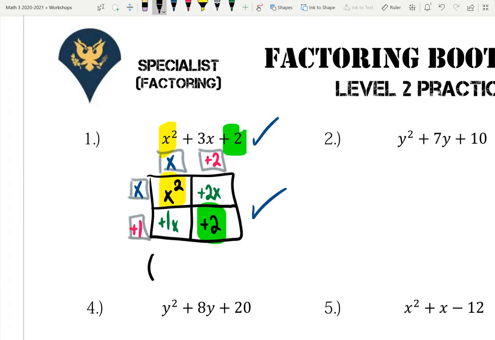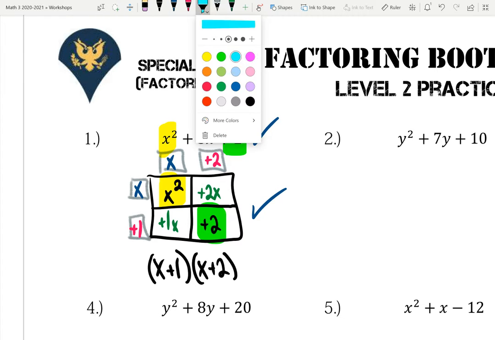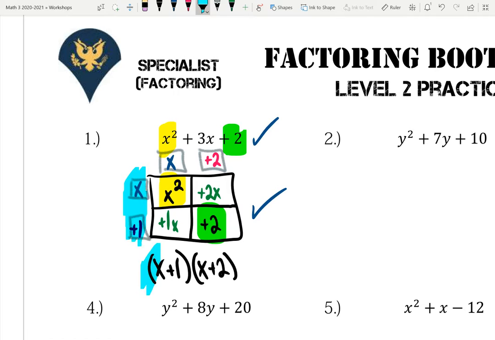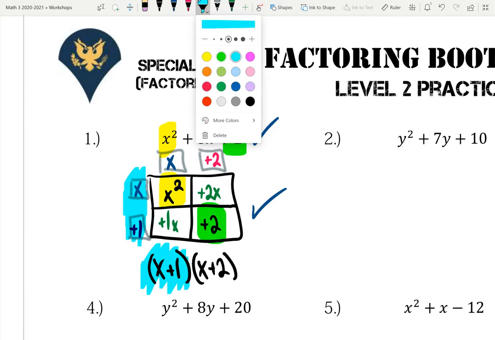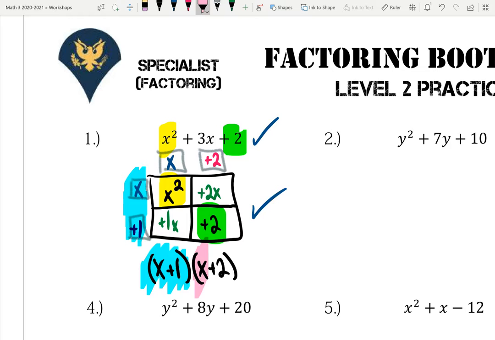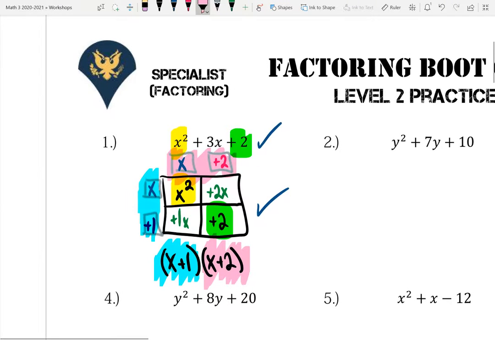So I know that x plus 1 times x plus 2, notice how this is the outside, is the factored version. All factoring is figuring out what happened beforehand. You're an archaeologist looking for the clues of the past. Let's go ahead and move on to number 2.